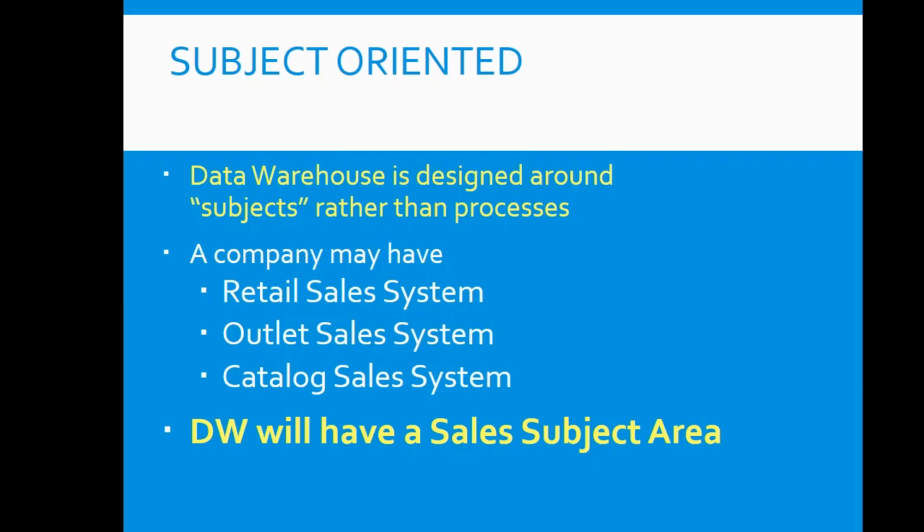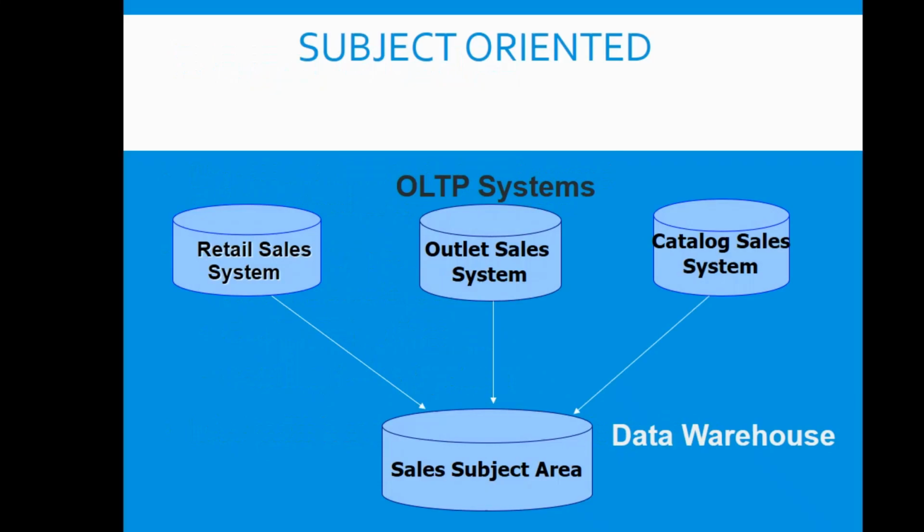Now let me give you an example. A company may have a retail sales system, an outlet sales system, or a catalog sales system. So what is this? Nothing but sales enterprise data. So the subject is what? Sales. Here the data warehouse will have a sales subject area. So sales is now a subject, or a department, for the data warehouse.